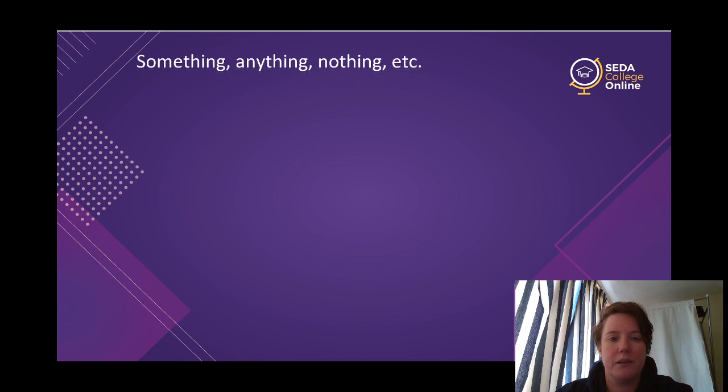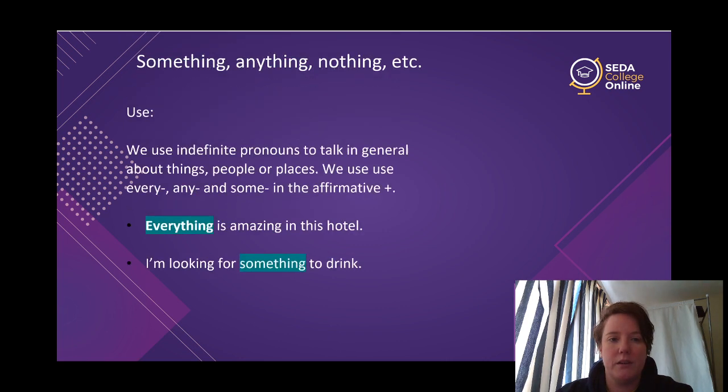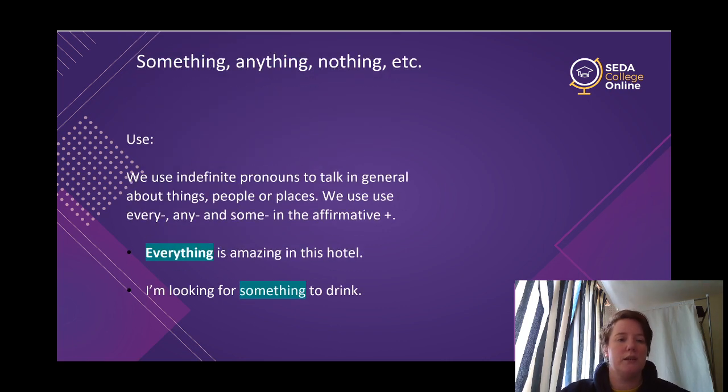So next thing here, use. Let's start off with the use of everything and something. We use indefinite pronouns to talk in general about things, people, or places. We use every, any, and some in the affirmative, positive.